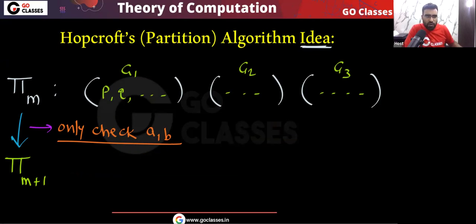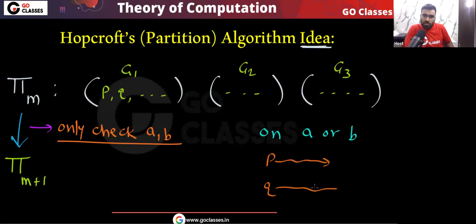Now if this happens, for example, let's assume on a or b, on at least one of them, that this pq, this p is going to some group, for example g2, and q is going to some other group, let's assume g1.